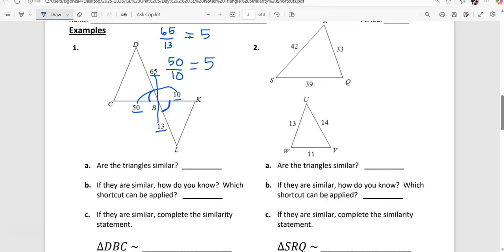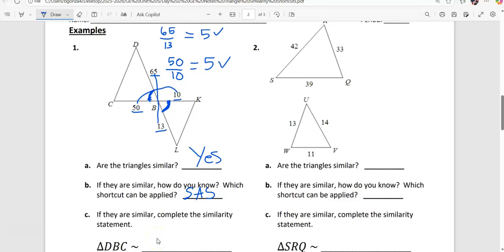So let me ask you this. Are these proportional if they match? Yes. So since I have two proportional sides with congruent angles in between, that's called side angle side. So are they similar? Yes. How do I know? Side angle side. Two proportional sides that make the same fraction with an angle in between that is congruent.